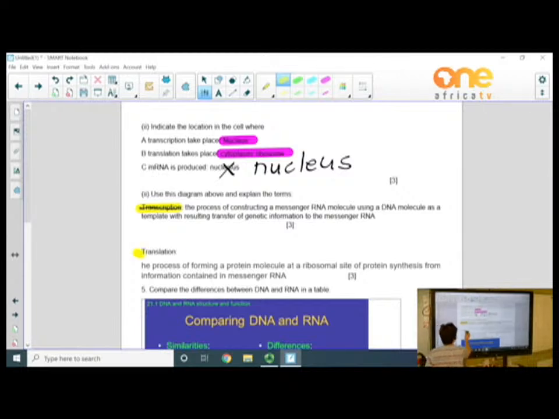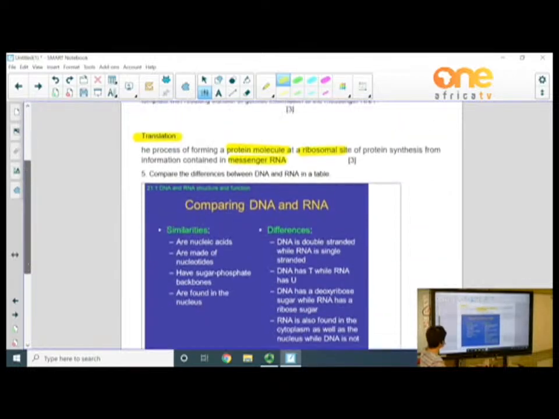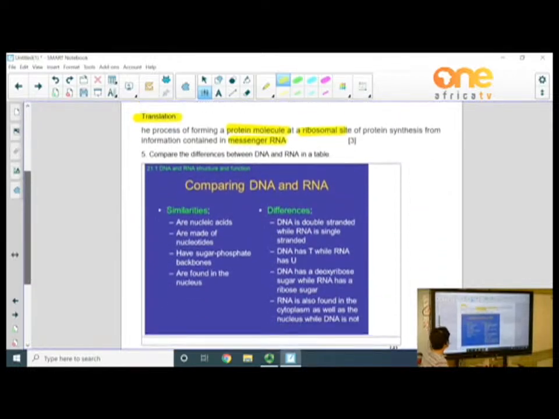Translation: the process of forming a protein molecule at a ribosomal site of protein synthesis from information contained in the messenger RNA. So I want to see the words protein molecule, a ribosome, and messenger to give you all your marks. Now compare the differences.